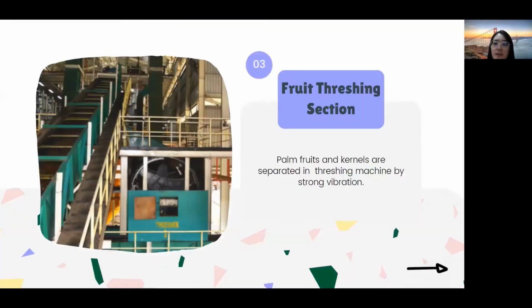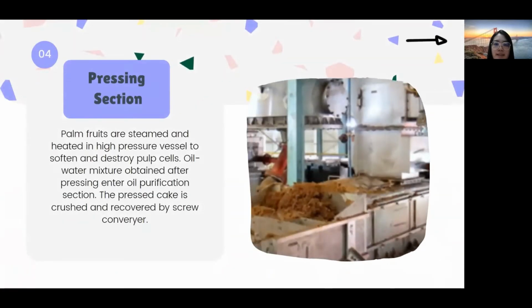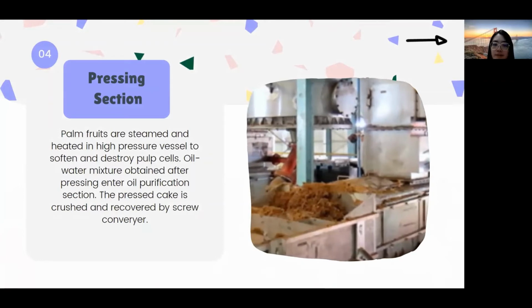Next, the palm fruit and also the kernel will be separated in the fruit threshing section, and they are separated by the strong vibration in the threshing machine. Next, the fruit will enter the pressing section. The palm fruit will be steamed and also heated in a high pressure vessel in order to soften the fruit and destroy the palm cells.